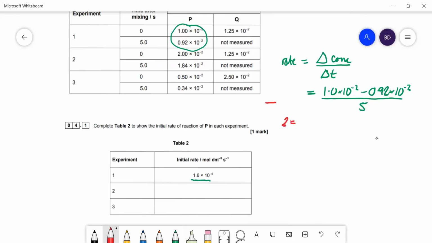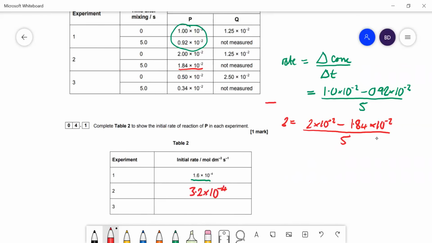What's the rate for experiment 2? It's going to be 2 times 10 to the minus 2 minus 1.84 times 10 to the minus 2, all divided by 5 seconds. And that gives us 3.2 times 10 to the minus 4 as the rate of reaction there, twice as fast.